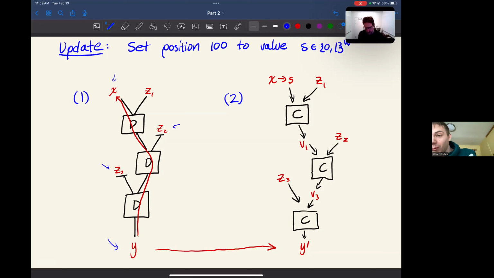So when I feed through, I get half of the value that I'm actually using, and then I also get the other half that I was ignoring before. And now I'm going to perform the following process: say I wanted to replace this value X with the new value, which I'm calling S.